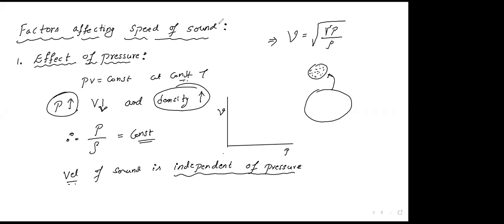The speed of sound remains constant. It never varies. It just comes like one horizontal line like this. So pressure doesn't have any effect. So this is the effect of pressure. Copy this one.